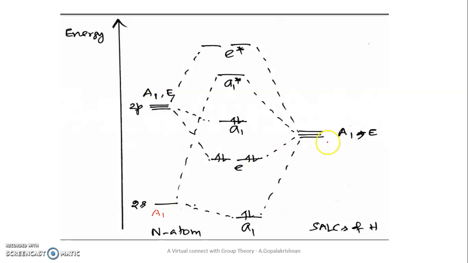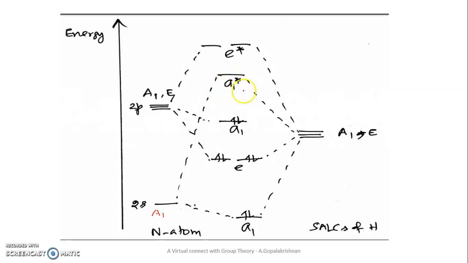But now quantum mechanics will say which one is closer in energy with respect to this A1. Experimentally it was found that the 2s orbital is closer in energy to the A1. So the 2s orbital combines with one of the group orbitals formed by hydrogen. This A1 and this A1 combine and form a bonding molecular orbital and an anti-bonding molecular orbital.